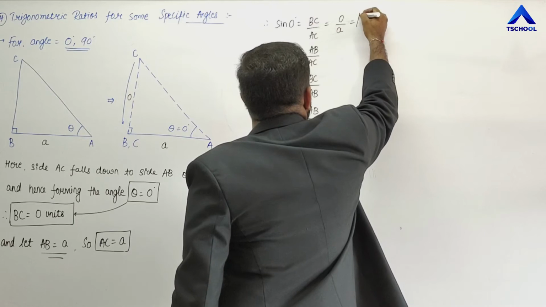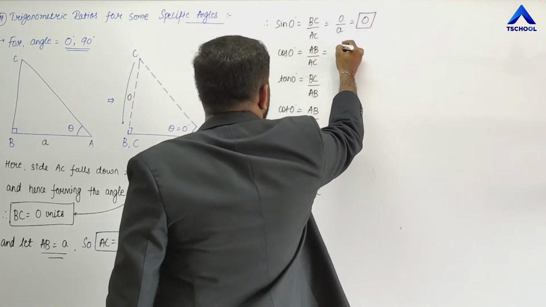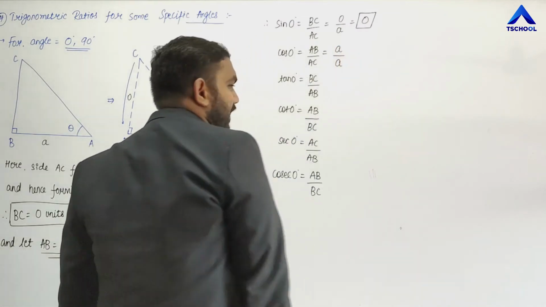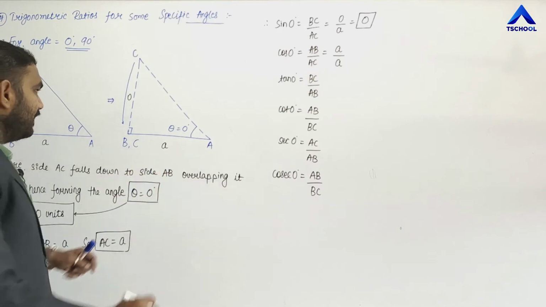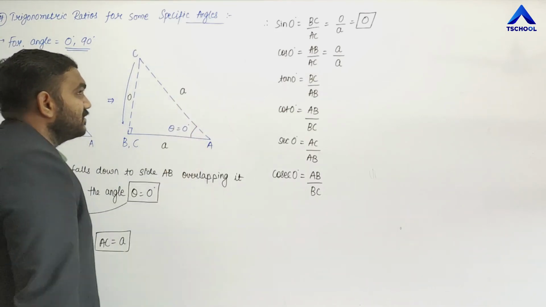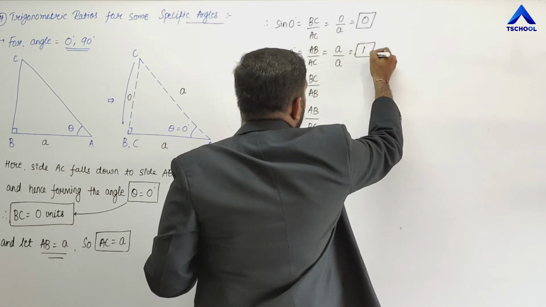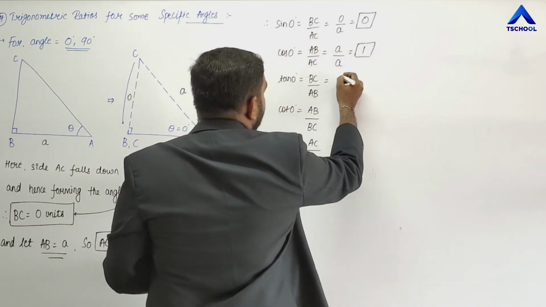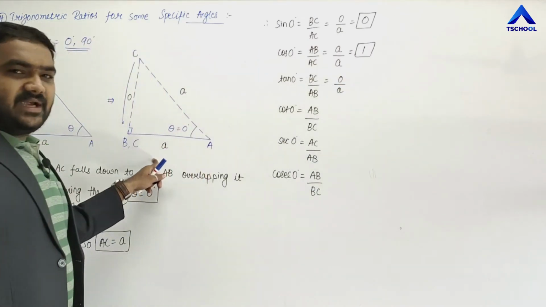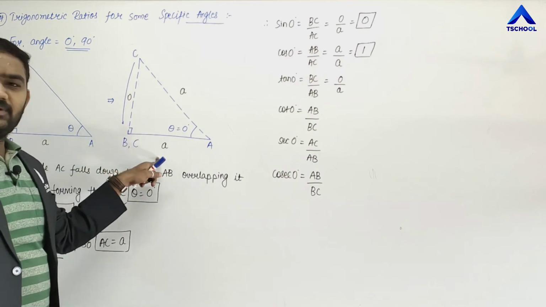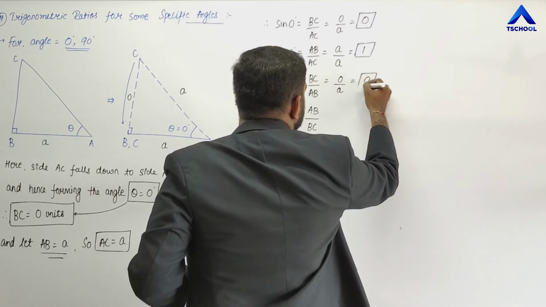So we got the first ratio, sine 0 equals to 0. Then cos 0, side adjacent to 0, that is A, and hypotenuse also we had A, so that is A upon A, which is equals to 1. Then tan 0, we had BC upon A, side opposite to 0 upon side adjacent to 0, so 0 upon A is again 0.